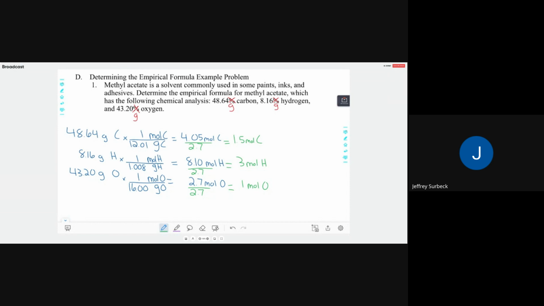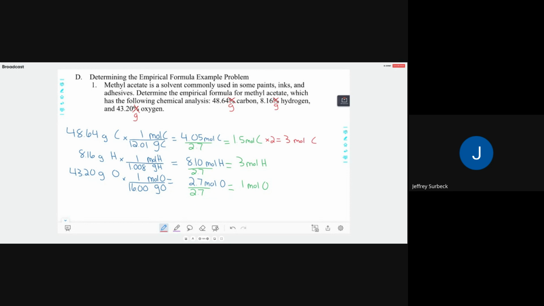What times 1.5 could get us to a whole number? 2. Very good. So 1.5 times 2 gives exactly 3 moles of carbon.